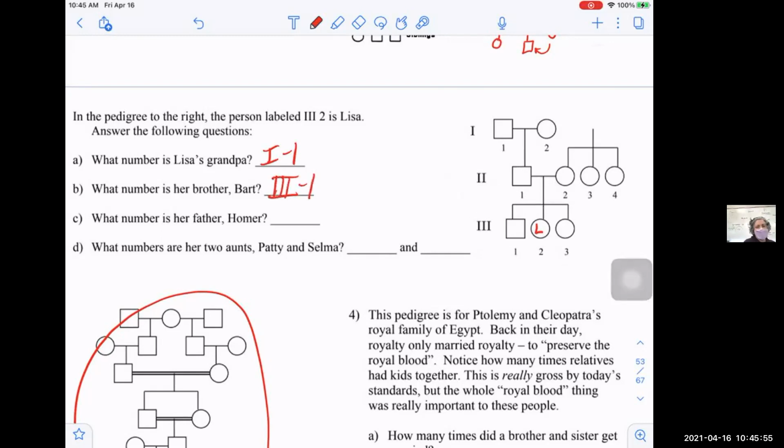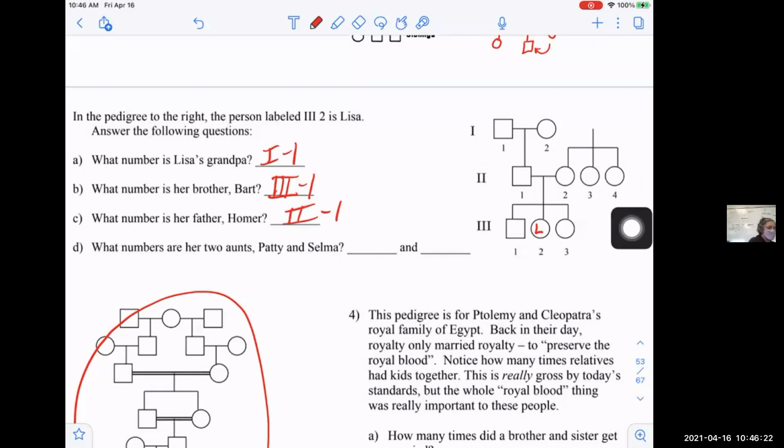What number is her father Homer? 2-1 is dad. Okay, what number are her two aunts, Patty and Selma? 2-3 and 2-4 are Patty and Selma.